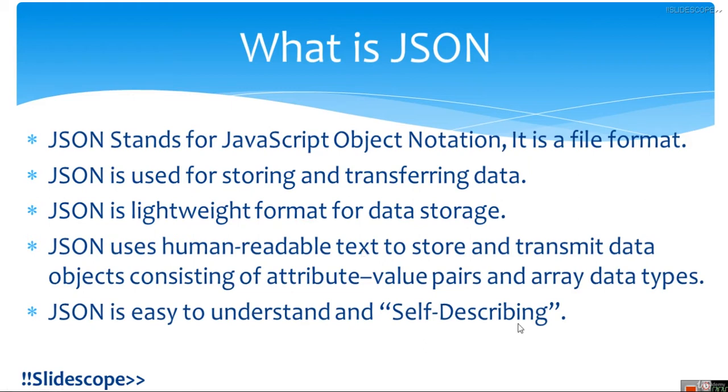Most of the APIs that are there on the internet return JSON as an output of their API response. That's why JSON is a very important thing, and for students it is really necessary to learn JSON if they are trying to build their career in the field of data science or software development or similar fields.